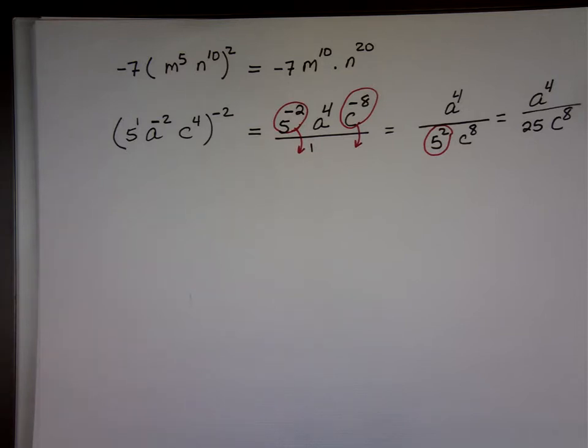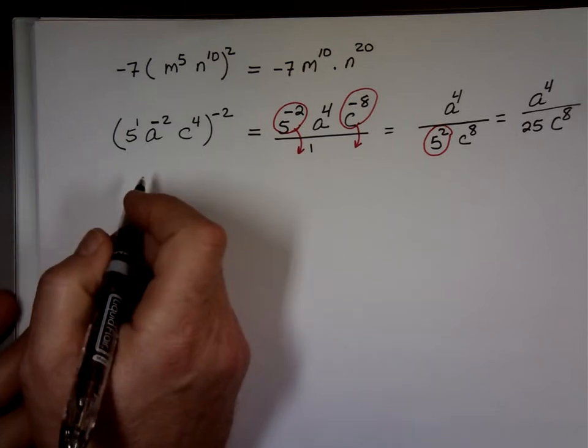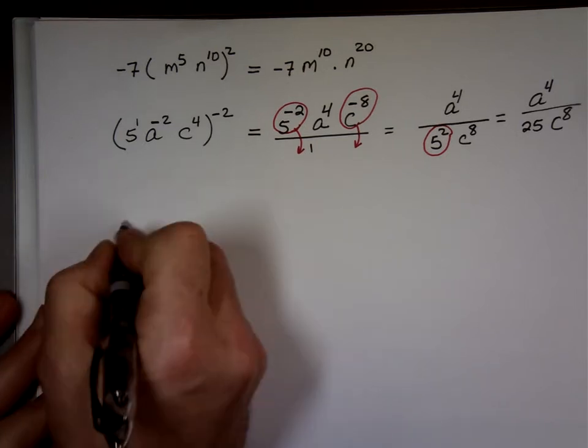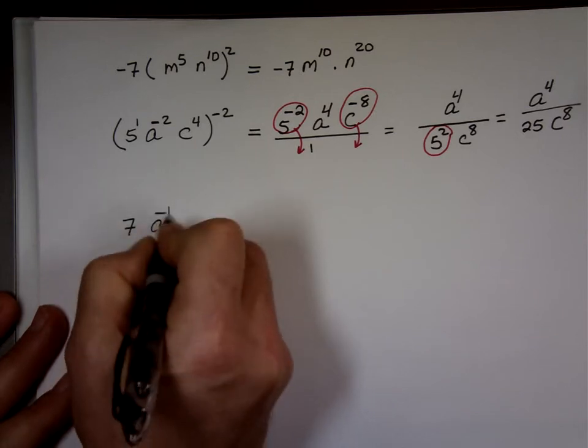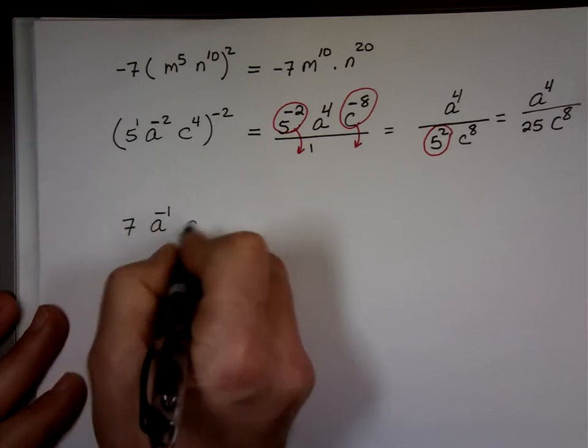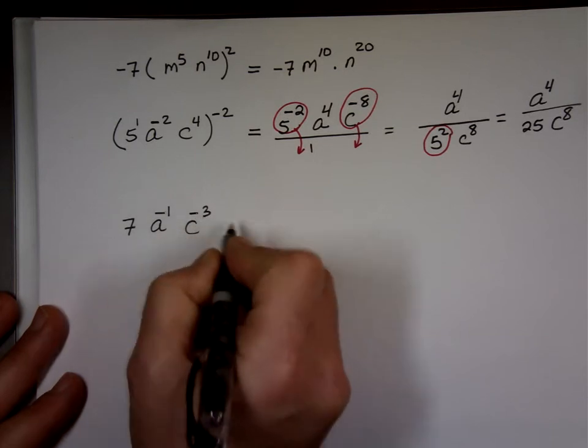Let me try another one similar to this just to make sure. 7, A to the minus 1, C to the minus 3, the whole thing squared.